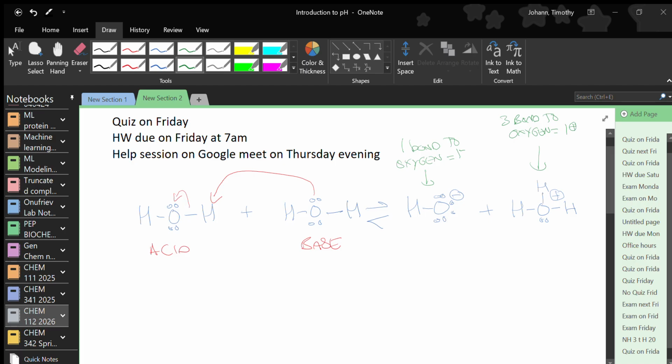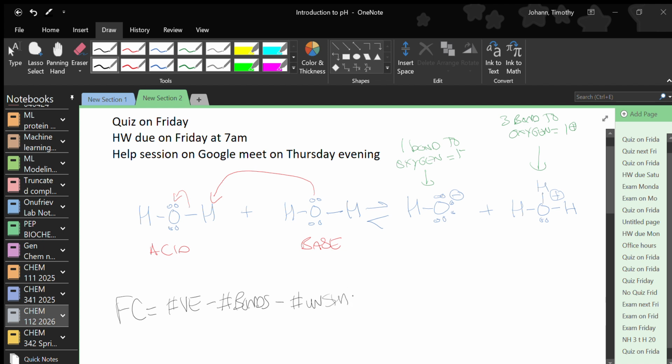If you go back and look at your formal charge rules, I will write the equation right here. Formal charge is equal to the number of valence electrons, minus the number of bonds, minus the number of unshared electrons.